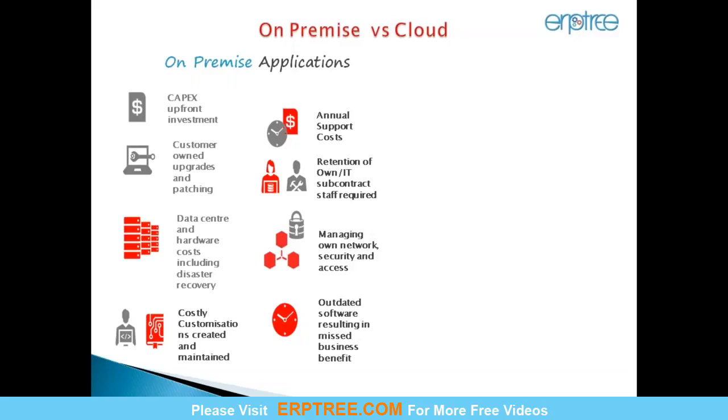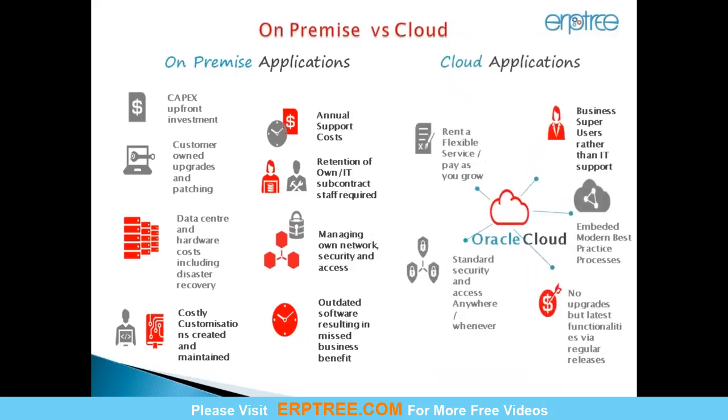That caused us to miss functionalities or features which were useful for our business. These are some of the things which used to happen with on-premise, but when it comes to cloud, it is completely different. It is a tailor-made technology for us, where you can rent flexible service and pay as you grow.